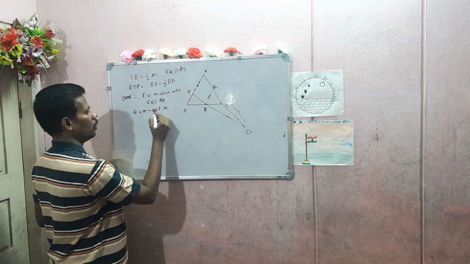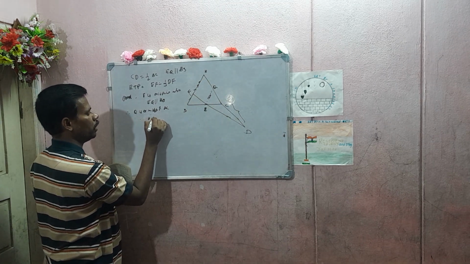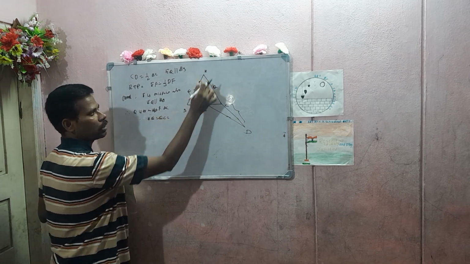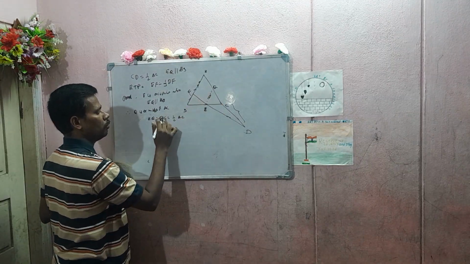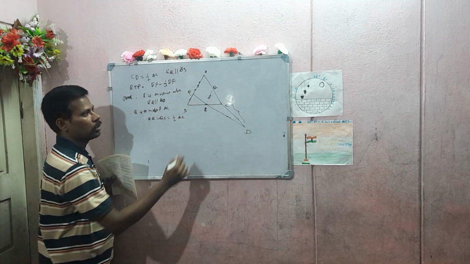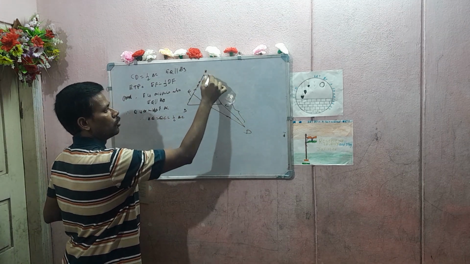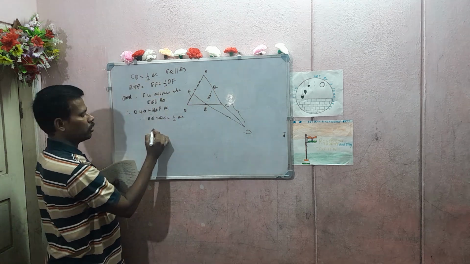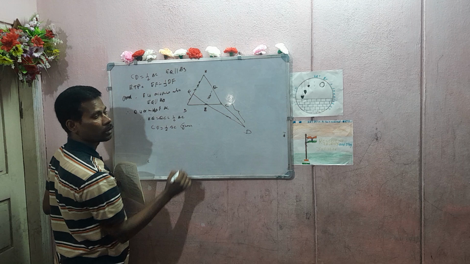Therefore, Q is the midpoint of AC. Therefore, AQ is equal to QC, both are equal to half of AC. Now CD is also equal to half of AC, given, right?